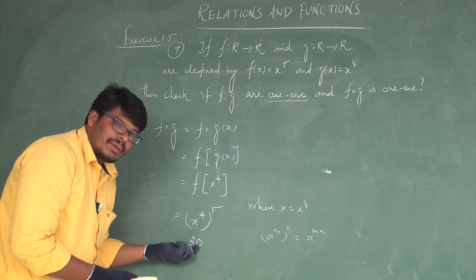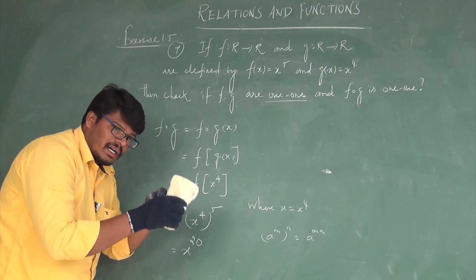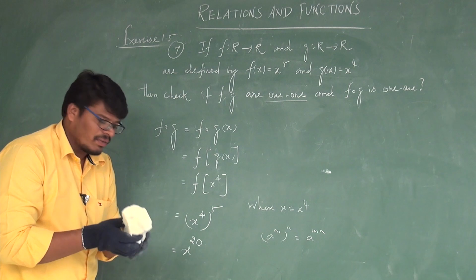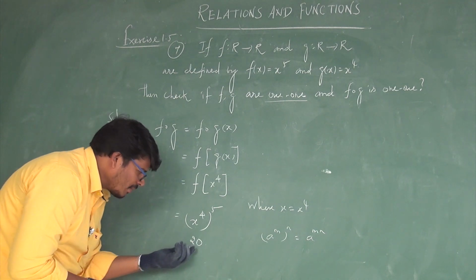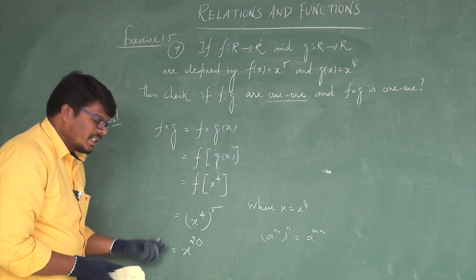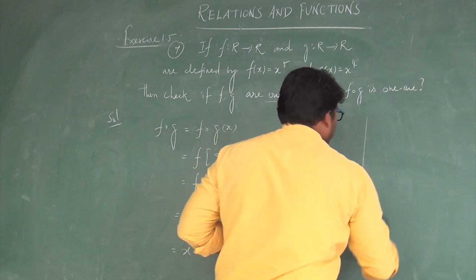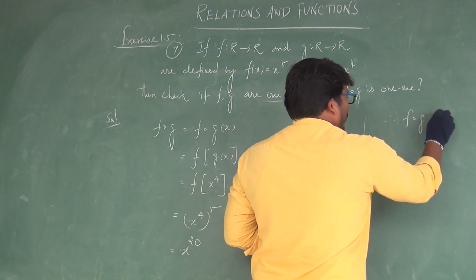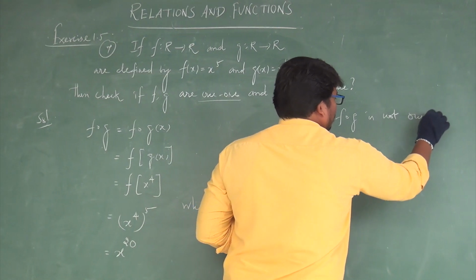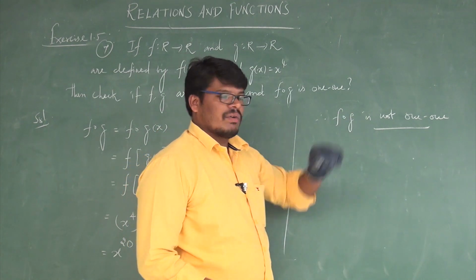As already discussed, x power odd values is one-one, x power even values is not one-one. So x power 20 is an even power, therefore f dot g is not one-one.